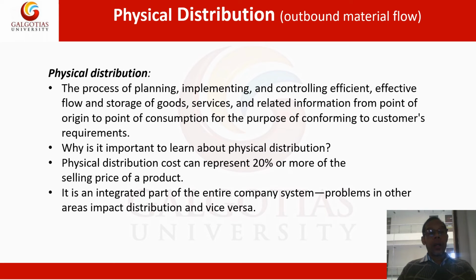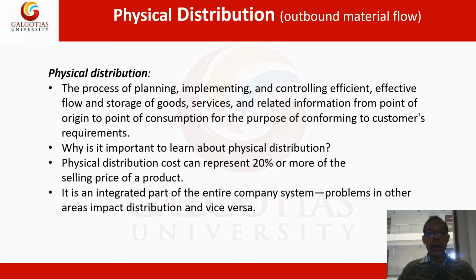Physical distribution, the process of planning, implementing and controlling efficient and effective flow and storage of goods, services and related information from the point of manufacturing to the point of consumption. Why is it important? Physical distribution can represent 20% or more of the selling price of the product. That's why physical distribution is an important aspect of the supply chain.